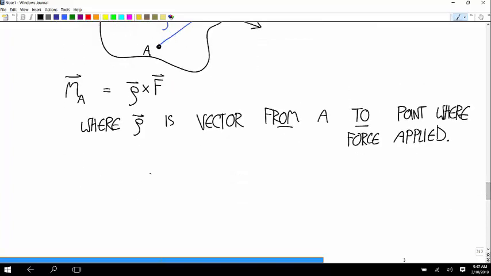Another way you can think of that is that mathematically the rho vector is equal to the coordinates of P minus the coordinates of A.